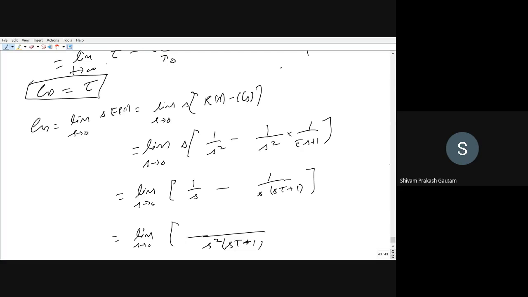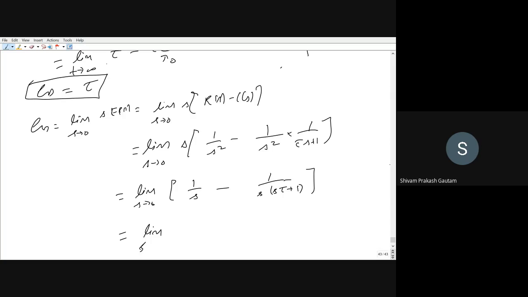So here you can see, s tau plus 1 into s will come, minus s will come here. Are you getting this LCM part? I have taken the LCM, right? You can take s into (s tau plus 1) as the LCM also. If you have not understood, let me take the LCM again, the other way.